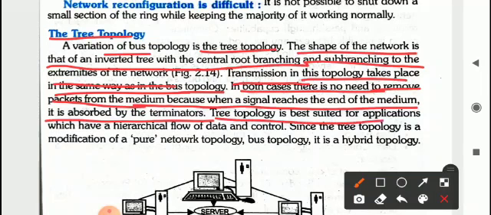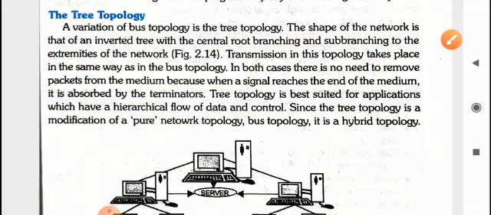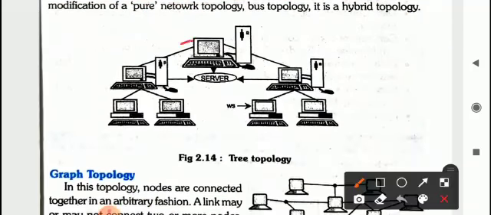Tree topology is best suited for applications which have a hierarchical flow of data and control. Since the tree topology is a modification of a pure network topology, the bus topology, it is a hybrid topology. You can see here that it is just like the branches of a tree.